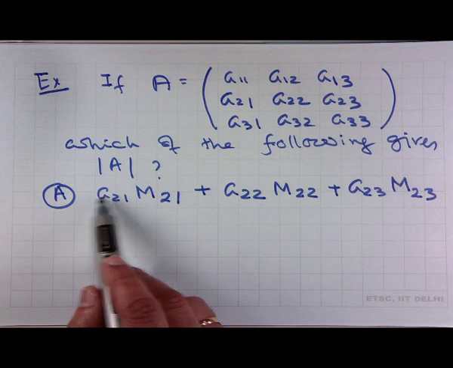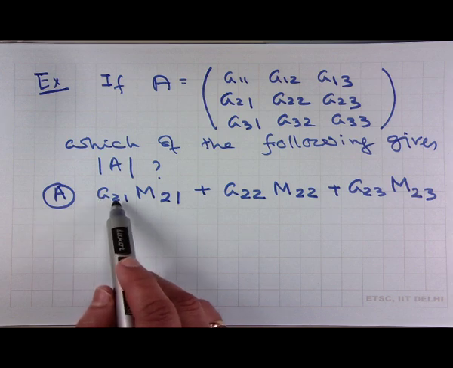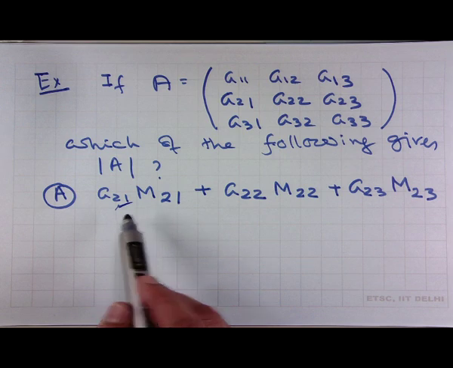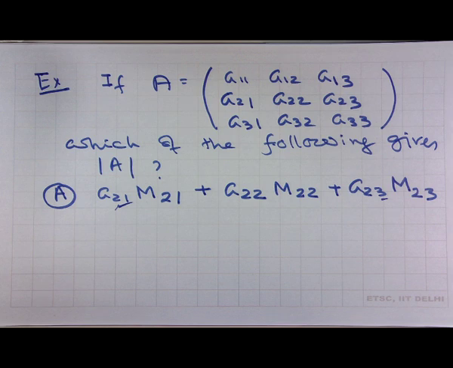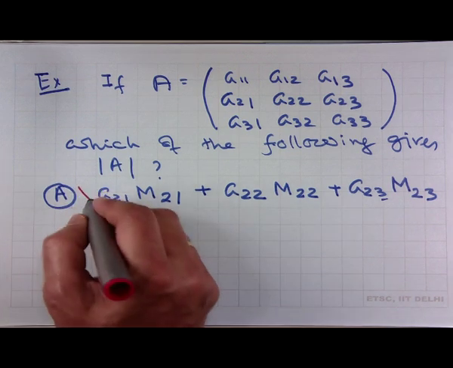Here we should have had (-1)^(2+1), therefore there should have been a minus here, and a minus here, so this is not correct.